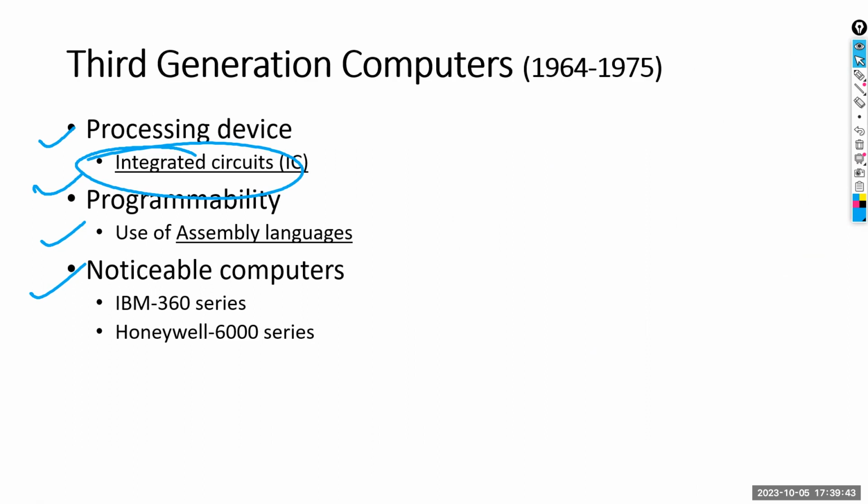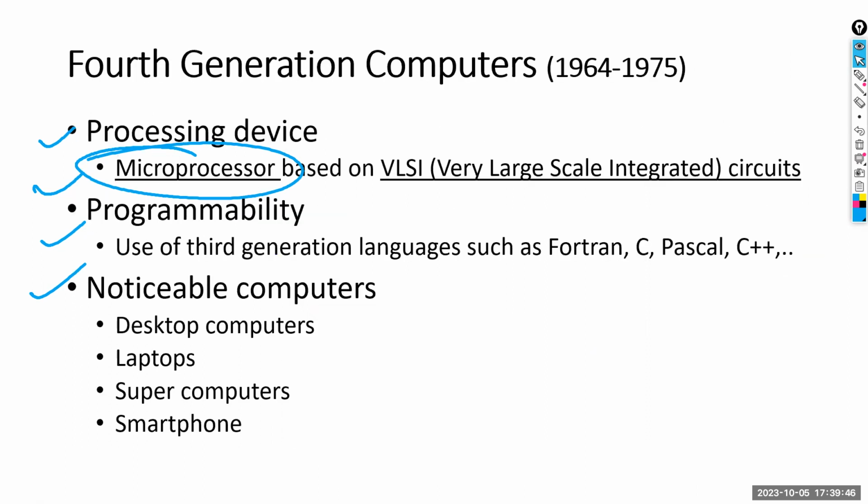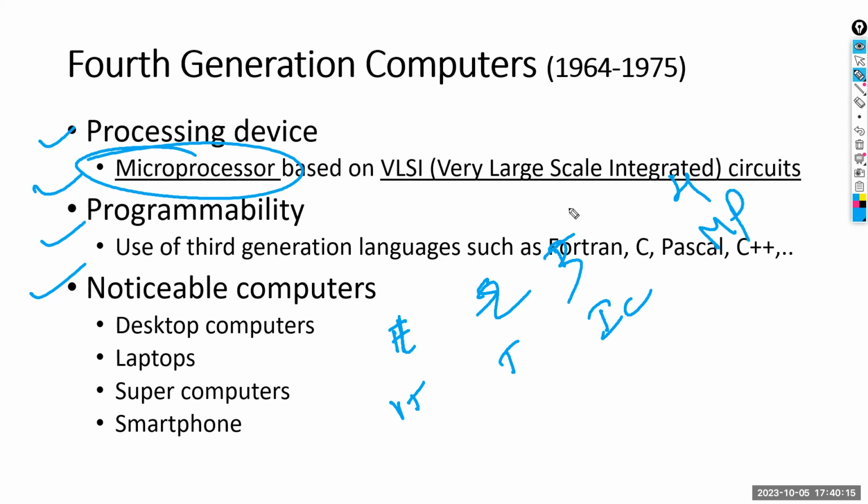And modern computers are fourth generation, and that is where we have the microprocessor. Right, now you can see how it evolved. The additional details are just for you to get the big picture, but for the exams and other things: first generation, vacuum tubes; second generation, transistors; third generation, ICs; fourth generation, microprocessor. Okay, so that is how it evolved.